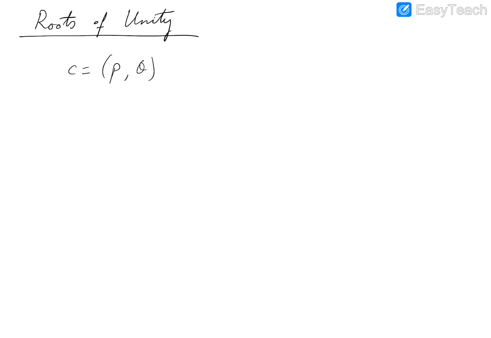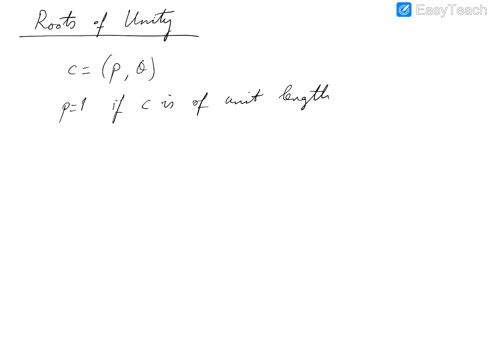But for unit length vectors, of course, the magnitude doesn't matter here, so we simply take rho to be equal to 1 if c is of unit length. But in general, suppose that we are not working with unit length vectors and assume that we want to take the nth power of some complex number c.